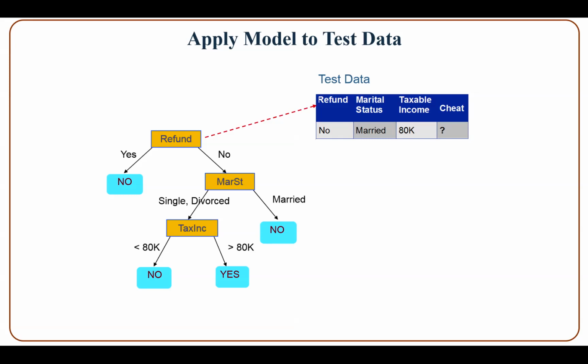Here refund is no, so the record is sent to the node on the right. Then marital status is considered. And because marital status is married, the label is classified as no cheat.